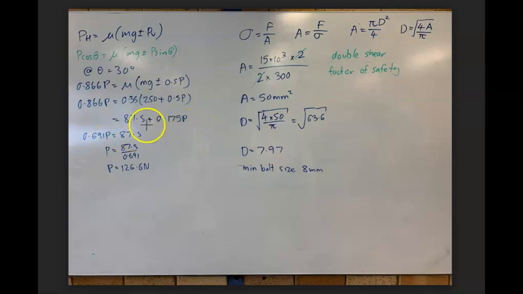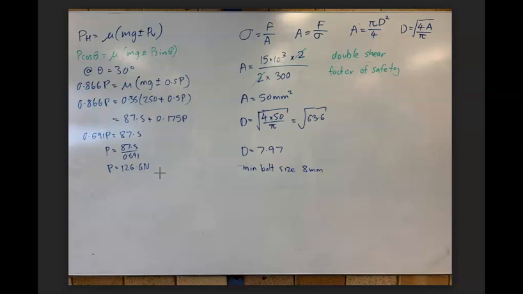So P is positive on this side, so we're going to minus this 0.175P from this 0.866P, which gives us 0.69P equals 87. So P equals 87 divided by that number. Less than 1 increases the value, so we're going to get P equals 126 newtons. Now, I saw some students who spent ages and ages on a question which is very often a 1-mark multiple choice, and you really want to be able to answer these questions reliably in a minute and a half.